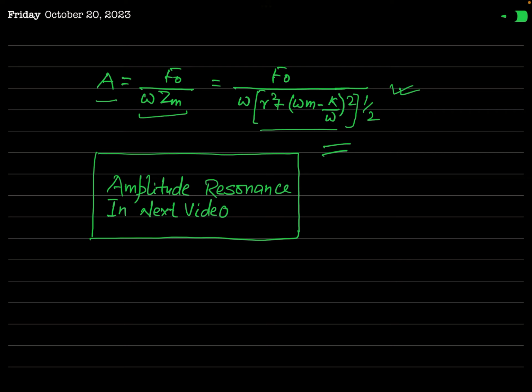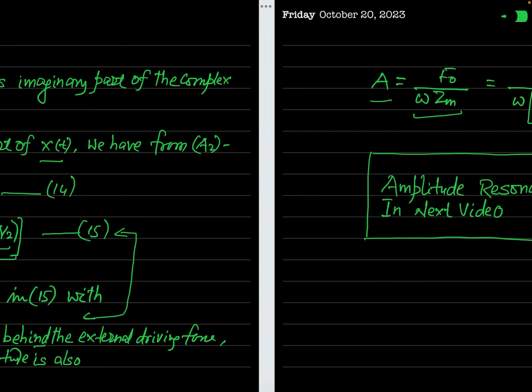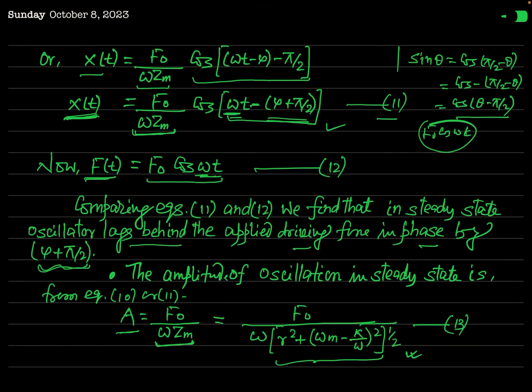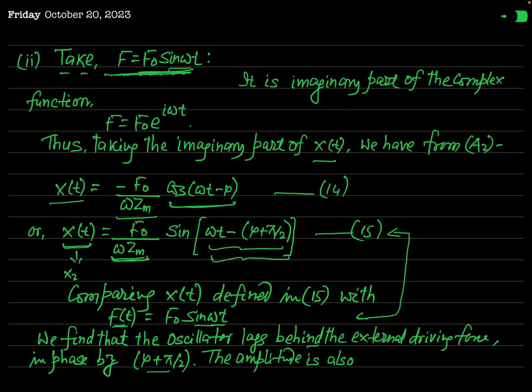So you have seen how we can obtain the steady state term. Actually, as I have told you, the complete solution x of t will be given by x1 of t plus x2 of t, where x1 of t is the transient solution and x2 of t is the steady state solution.